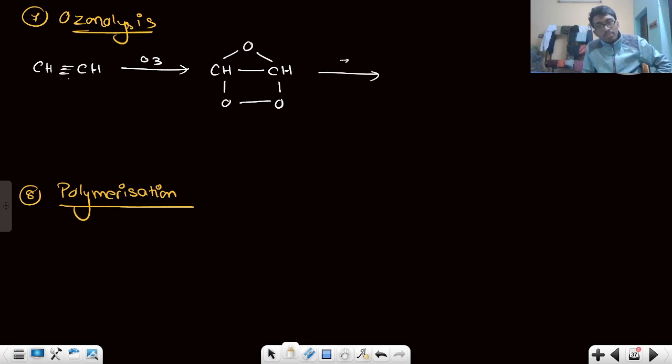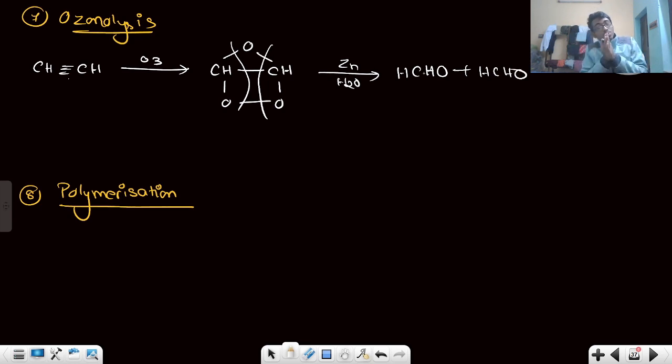And when I am going to give it with zinc and water, then the body breaks from this part and this part. So this part will be HCHO. Wait. HCHO plus HCHO. This would have been the case if there were no bond in between, but here the second hydrogen is not there, so how will I write HCHO? This product is definitely not correct, and moreover there is a single bond in between. What should be the correct product?